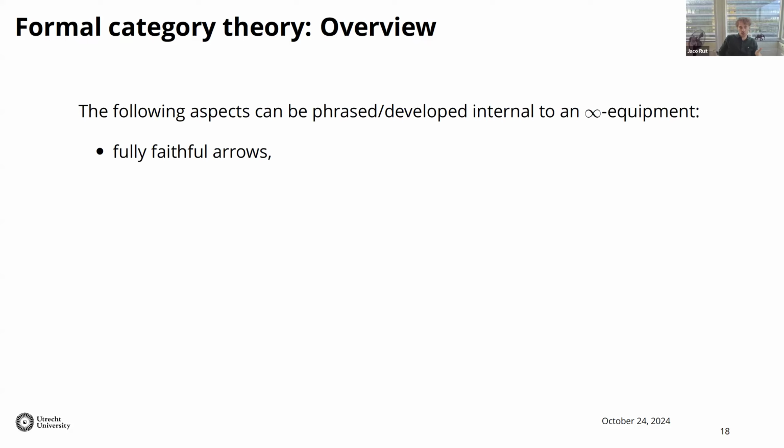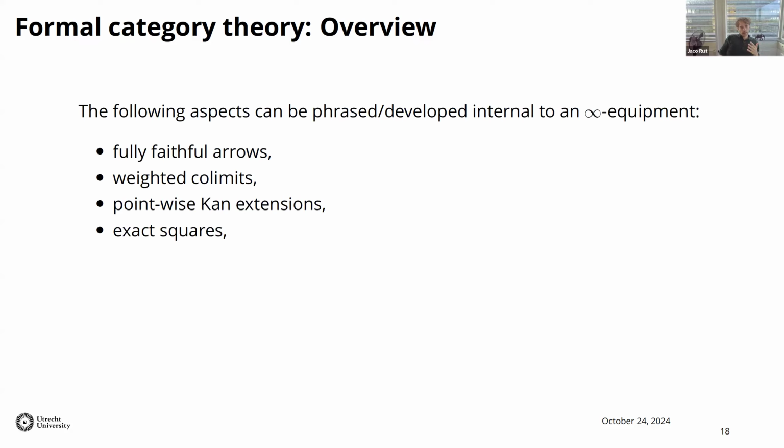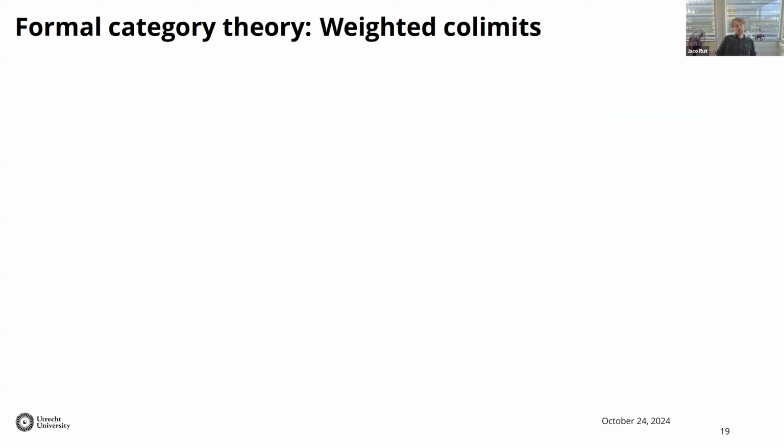You can phrase what a fully faithful arrow should be in an infinity equipment. You can give a definition of weighted colimits, of pointwise Kan extensions, exactness squares, and you can even develop some notion of two-sided discrete fibrations purely using the ambient infinity equipment. There are definitely more things that can be phrased and developed, but these are just the things that are in the literature now.